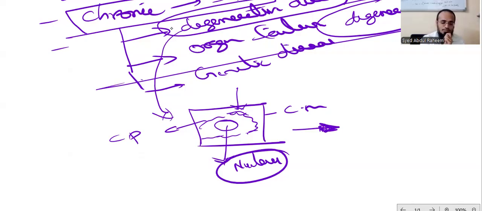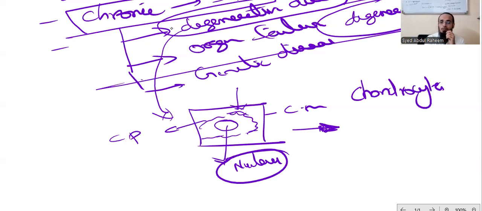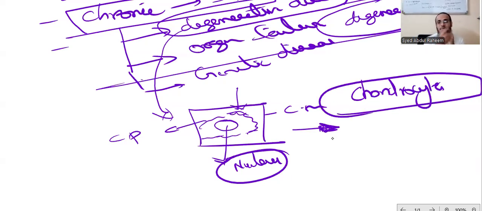Basically, articular cartilage is made up of chondrocytes. So what happened? The chondrocyte cell membrane is damaged. That's the reason we call it a degenerative disease.